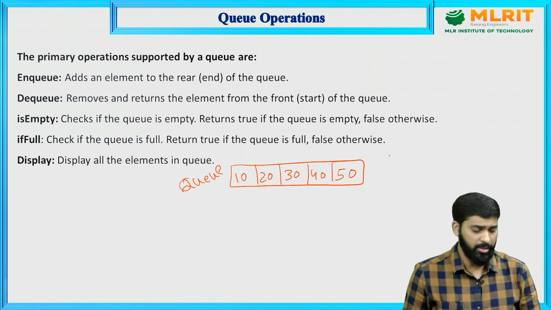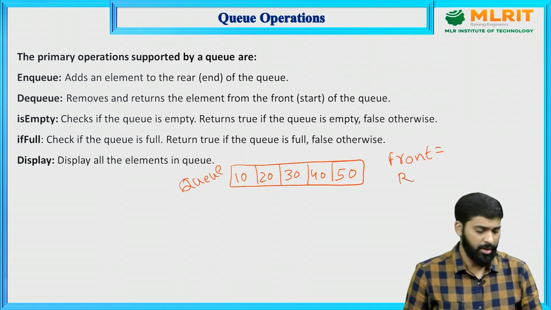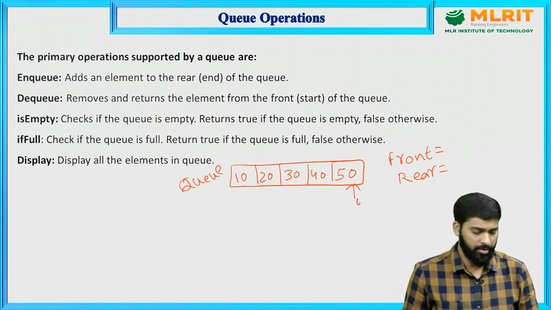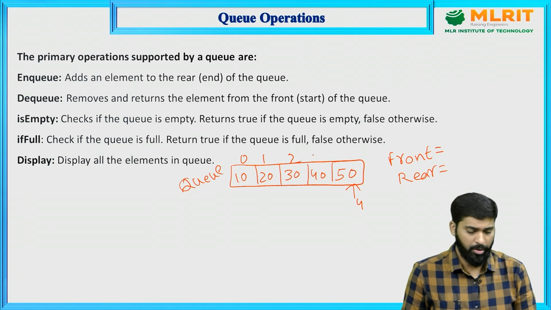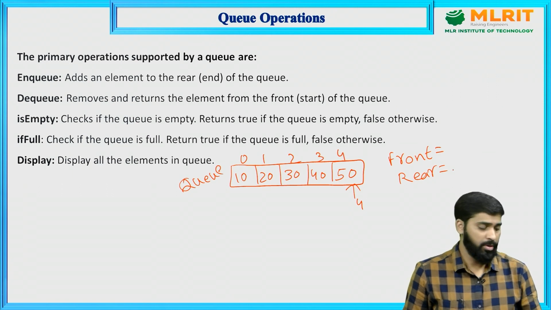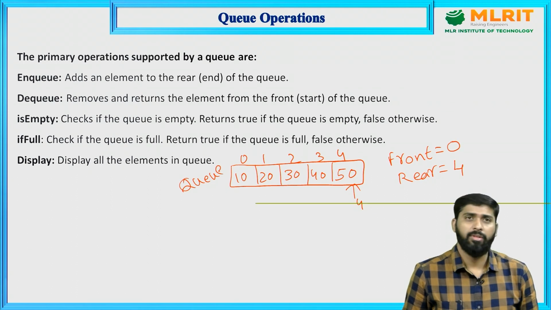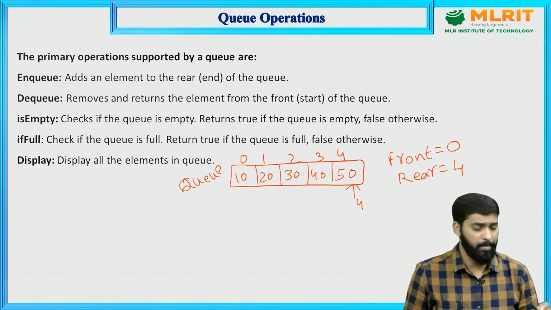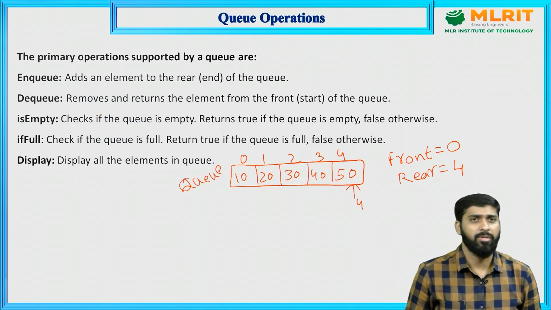Now what is the front value and what is the rear value? The rear value is 4, and these are the indexes 0, 1, 2, 3, 4. So what is the front value? 0. Initially front equals -1, but when we insert the first element into Q, then I make front equals 0. This we are going to discuss in the next lecture.